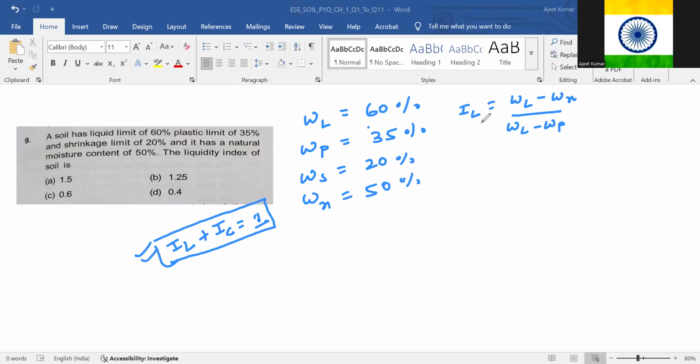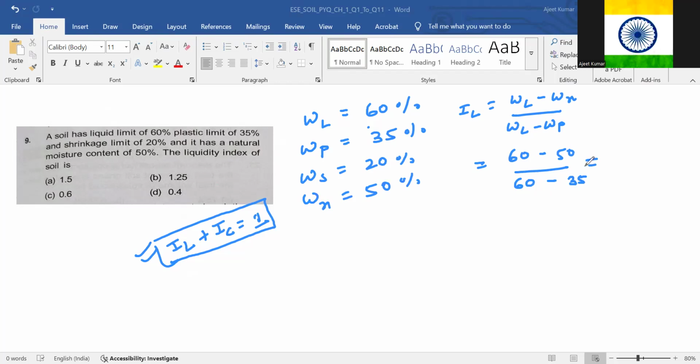So WL is 60, natural water content is 50%, so 60 minus 50, divided by 60 minus WP, which is 35.